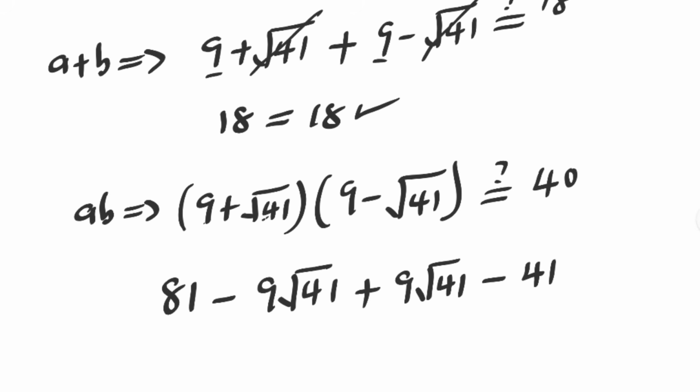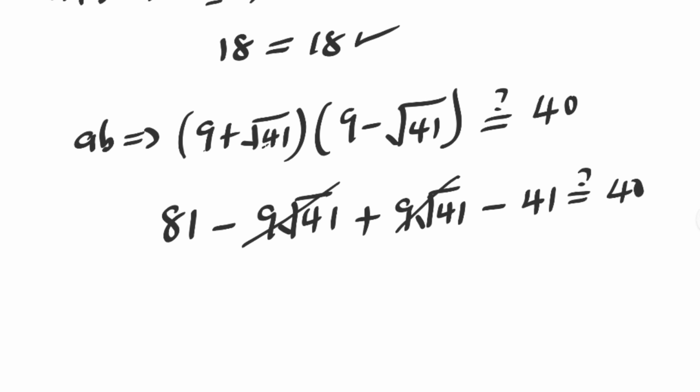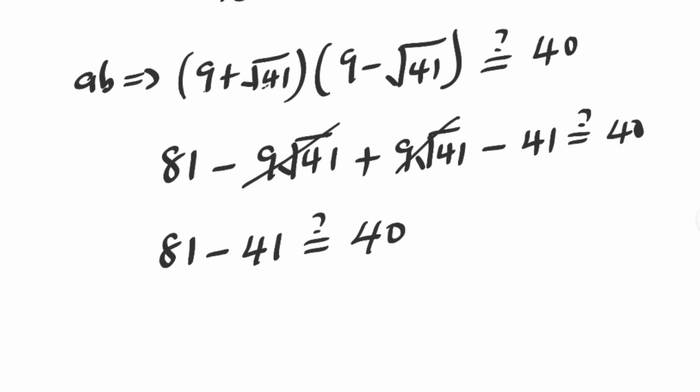That will be 41. Must be equal to 40. This cancels this. 81 minus 41 must be equal to 40. Then 81 minus 41, this is 40, is equal to 40, which is true.